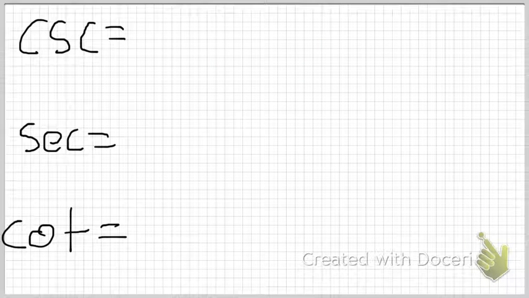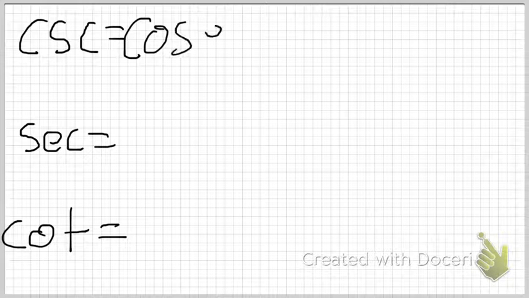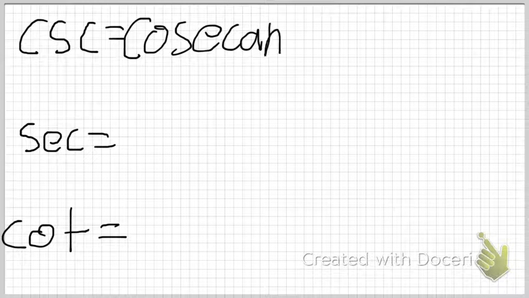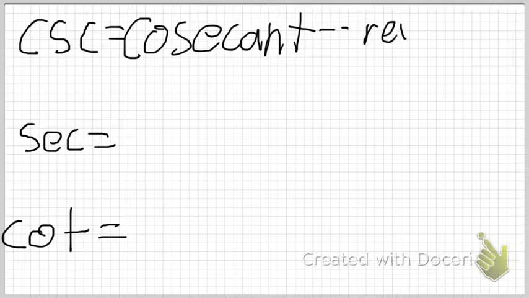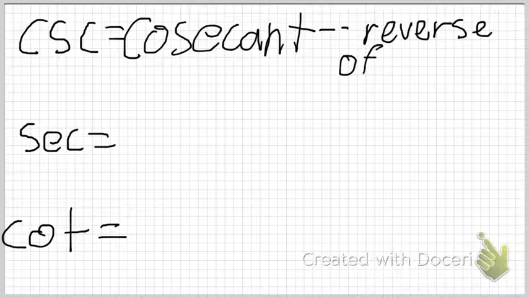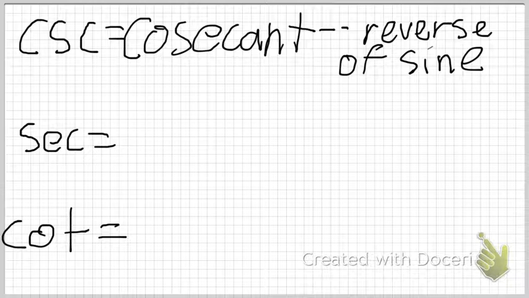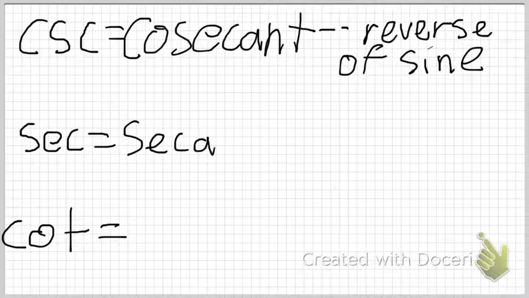And so now this is how you spell. So for cosecant, you spell it as cosecant, which is a reverse of sine. For secant, you spell it as secant.